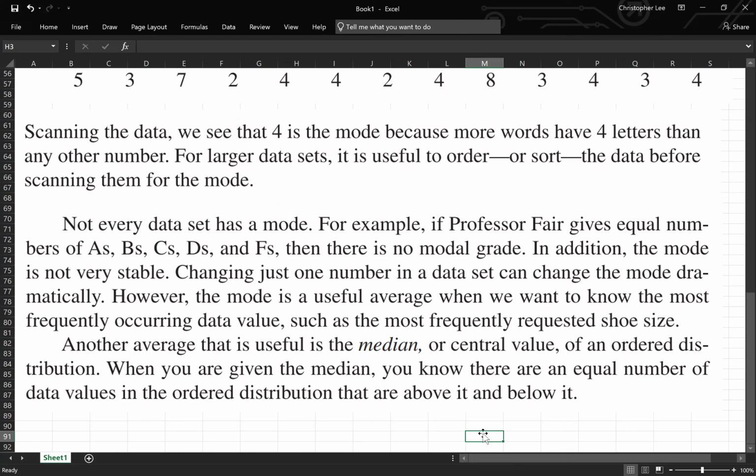But before you give me that middle number, you got to put all the numbers in order. I'm not picky. If you want to go from highest to smallest, that's cool. You want to go from smallest to largest, that's cool. Put them in order. Give me the middle number. That's it.